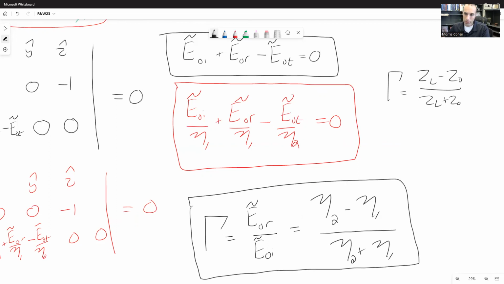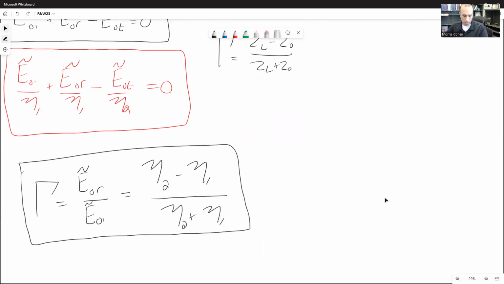We can also define a transmission coefficient. We'll call that tau. And that will work out to be one plus gamma.